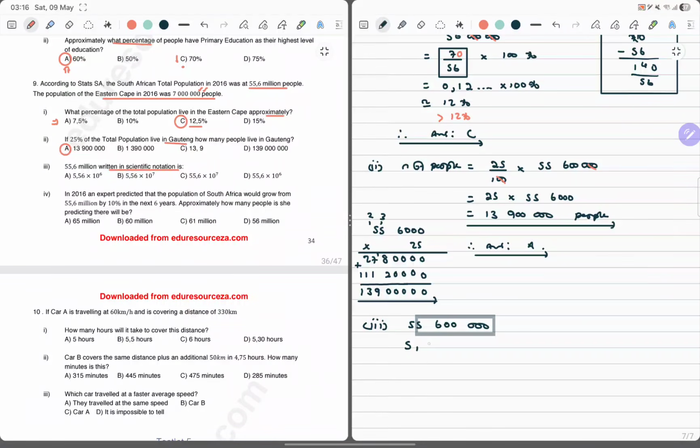This is 5.56 to 2 decimal places if you choose, times 10. Now let's see, how many numbers did we push? 1, 2, 3, 4, 5, 6, 7. So of course you know that it's 7 digits for a million. Therefore the answer is B.